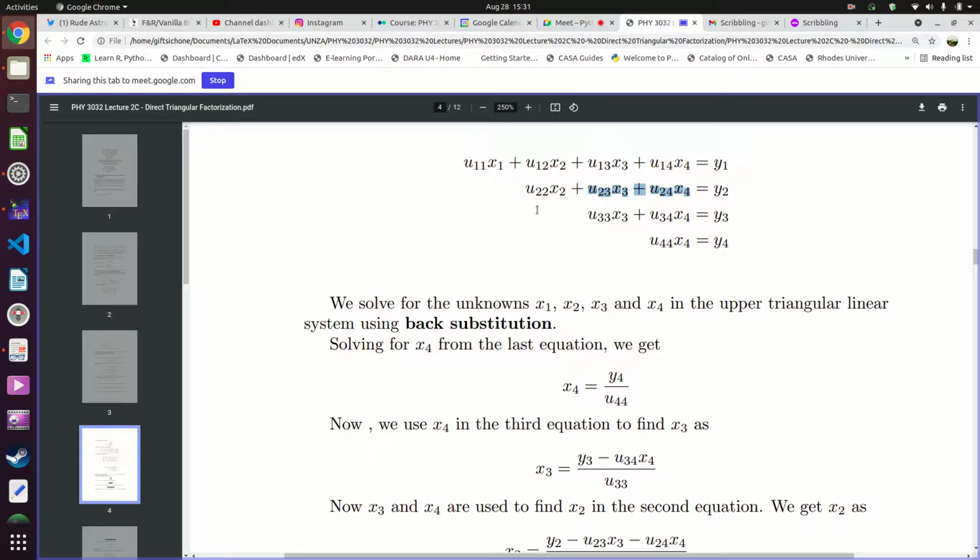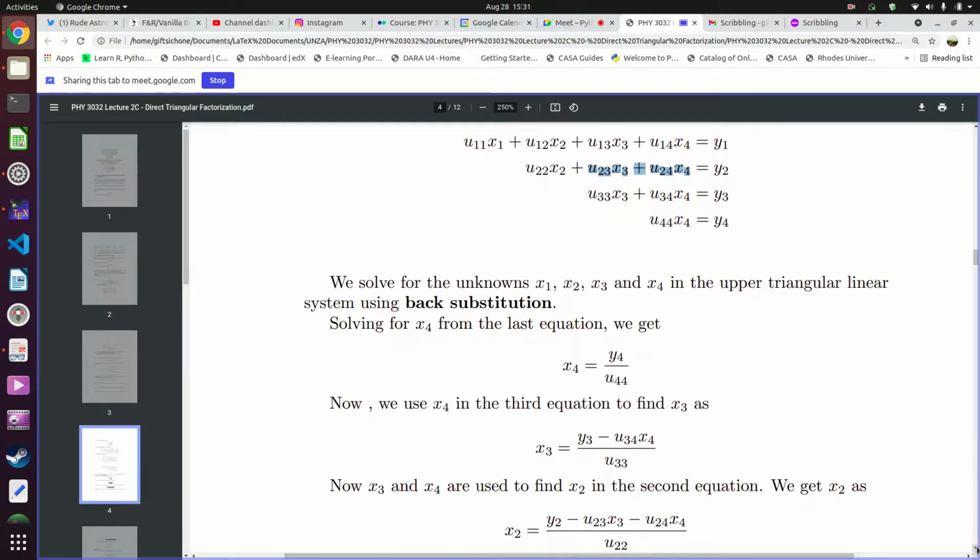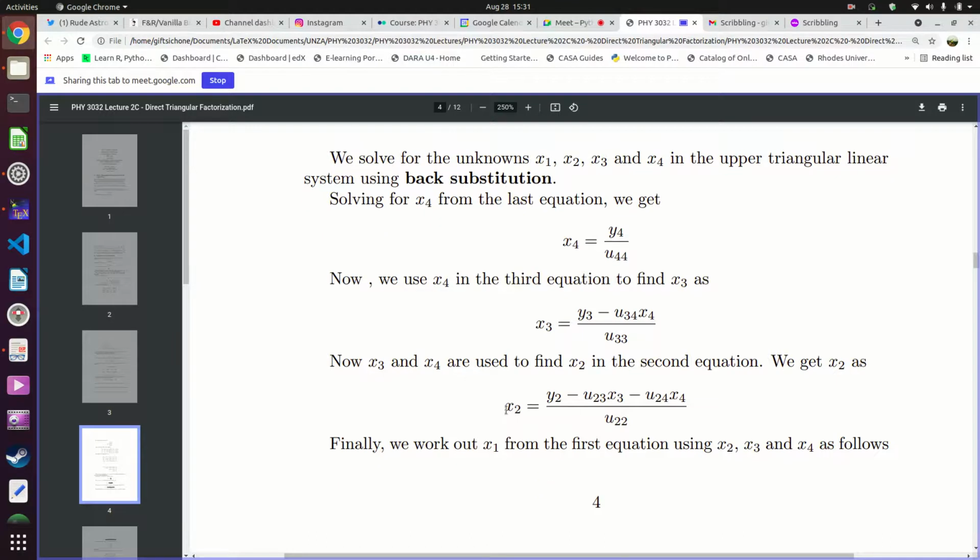Then you divide both sides by u22, so you end up with x2 equal to y2 minus u23 x3 minus u24 x4, divided by u22, which is what you have here.